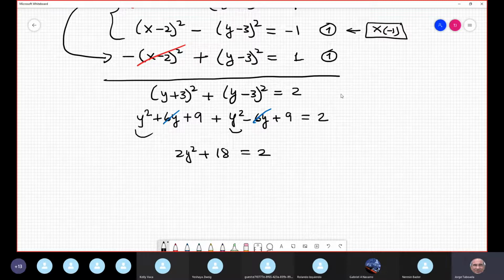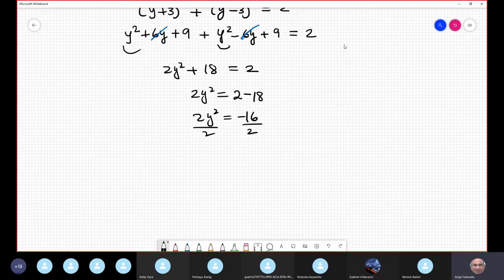It looks like a quadratic equation. Now, 2y squared is equal to minus 18, minus 16, divided by 2 on both sides, and negative 8. So y squared is equal to minus 8.